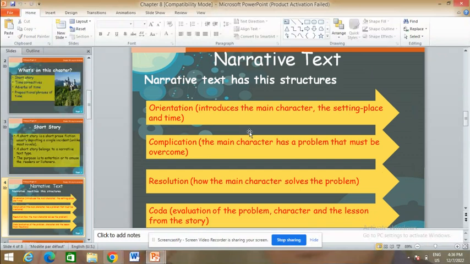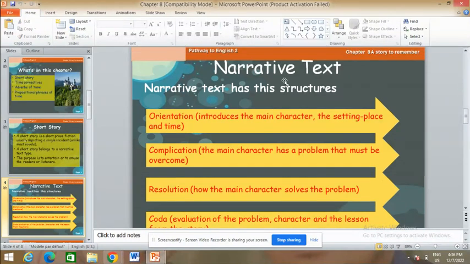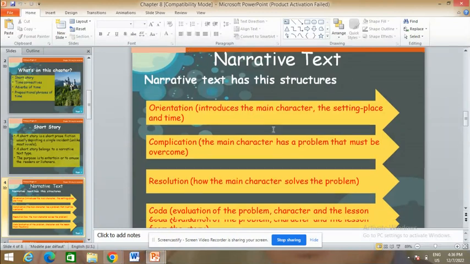Narrative text has these structures. The first one is orientation. It introduces the main character, the setting, place, and time. And then after orientation, we can find a complication.